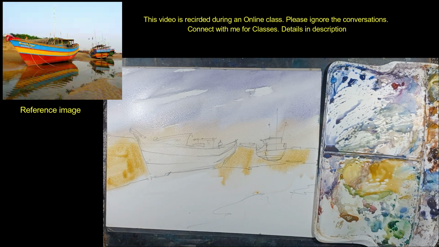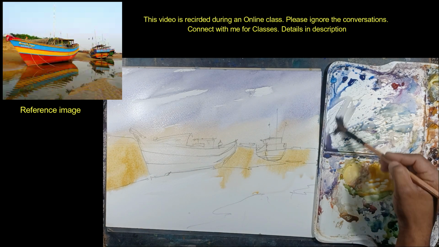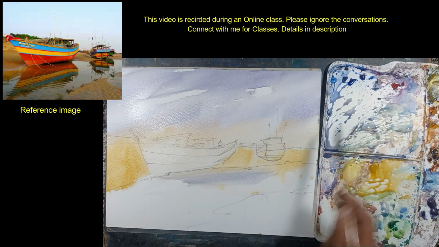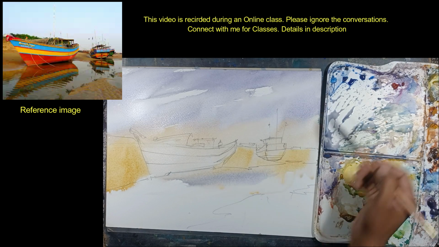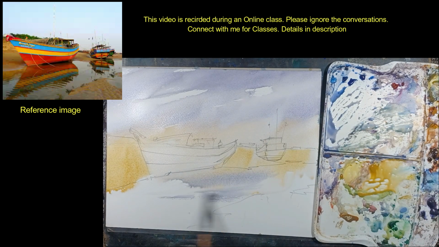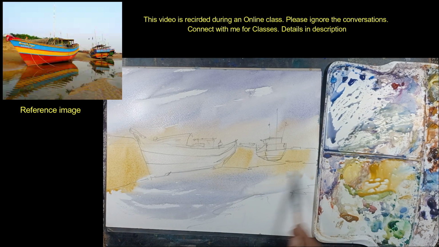Now if you see this portion where there is an impression of the water, the water is reflecting the color of the sky. So whatever color we used for the sky, the same color is going to come here. Understood? Yes, sir.